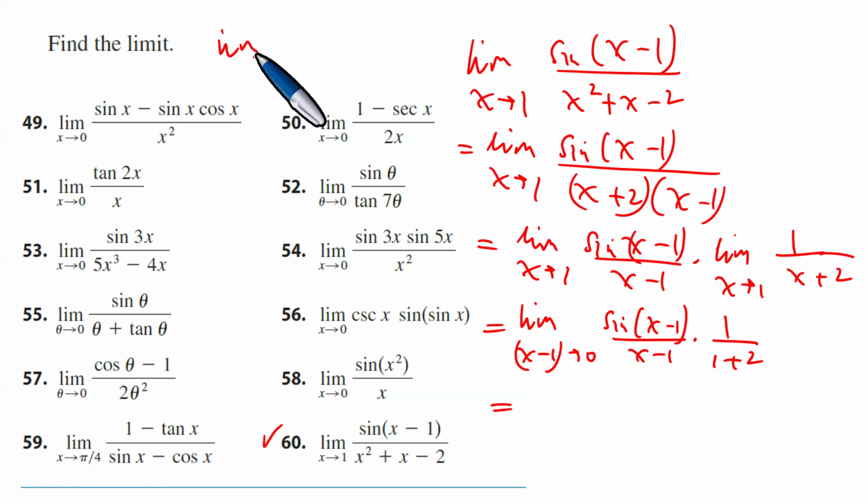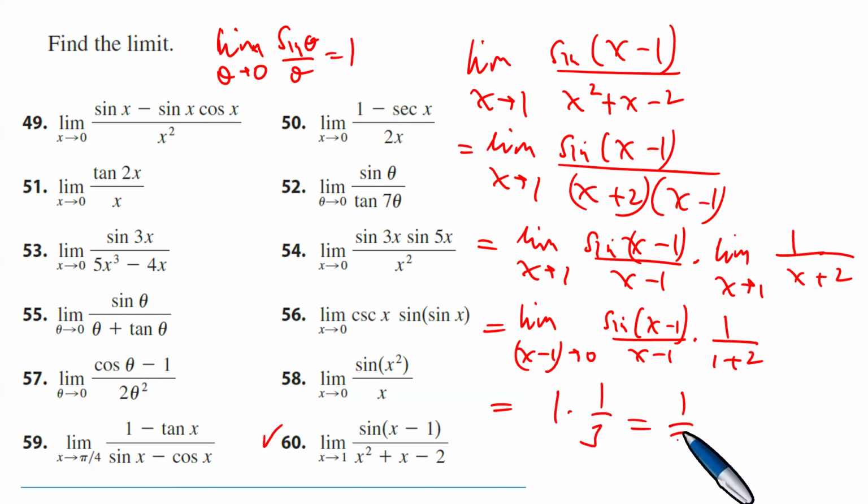The limit as theta approaches 0 of sine theta over theta is 1, in which case it is 1 times 1/3, which is 1/3. So the answer is 1/3. That's what you got, right? I think so. Yes. Okay, good.